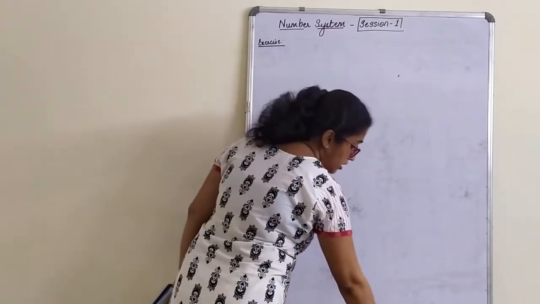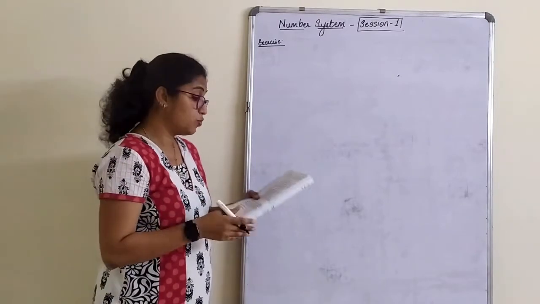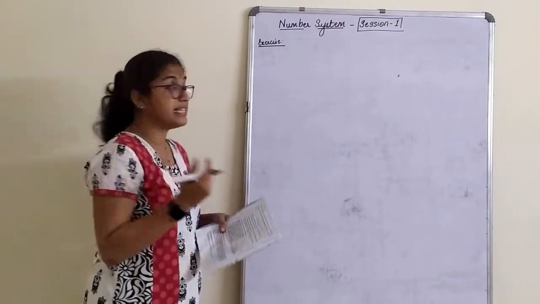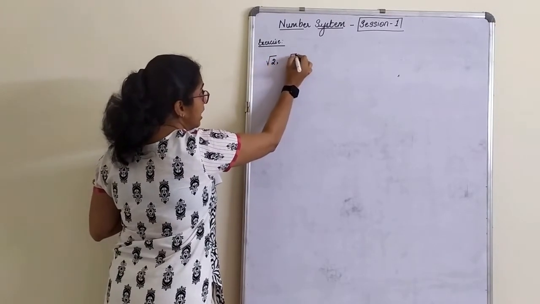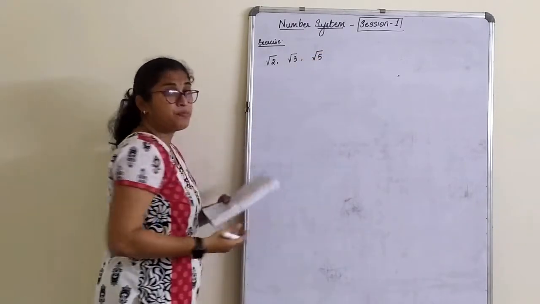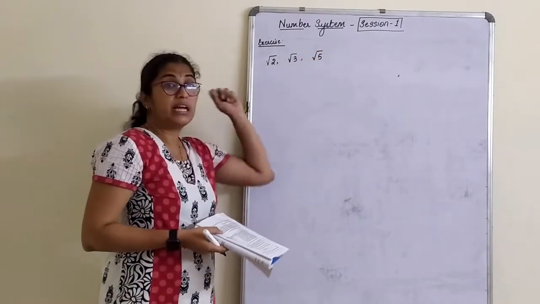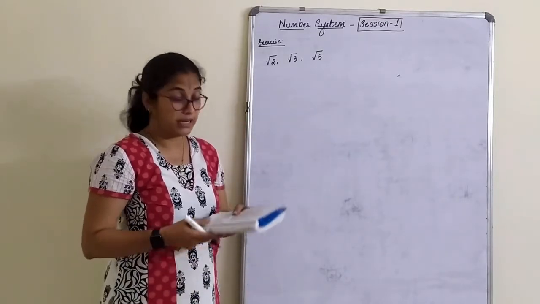You will first climb on the 1st step, 2nd step, and then go to the 5th step. So we will first learn from the basics. We will first learn how to plot root 2, how to plot root 3, and then we will go for root 5. Once you understand the trick, you can construct many such irrational numbers on the number line.